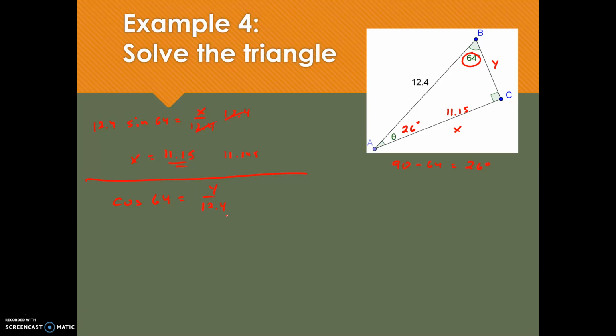The 64 is given, the 12.4 is given, and so the y value will be a little bit more accurate, I think. That would be my preference. And I believe if we do it that way, we end up with 5.44.